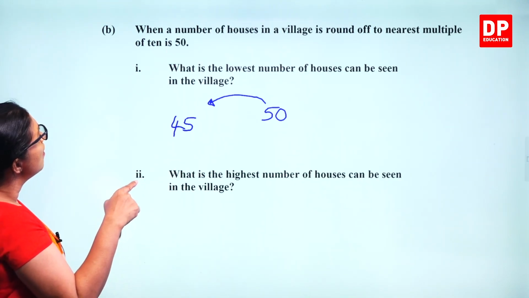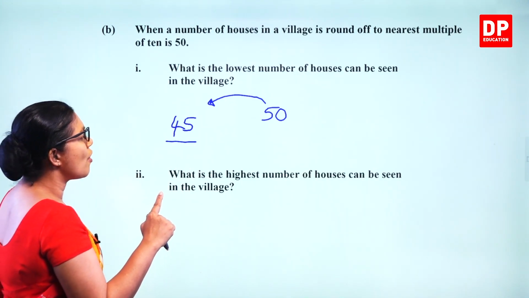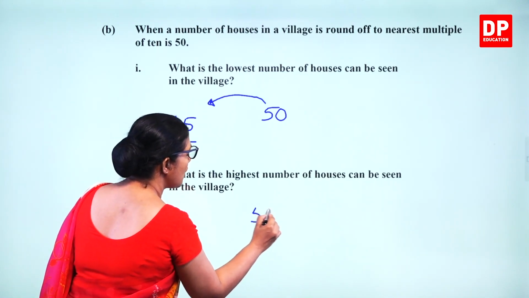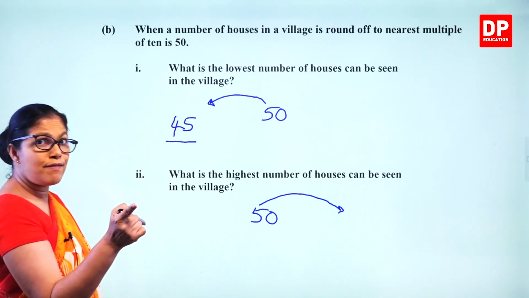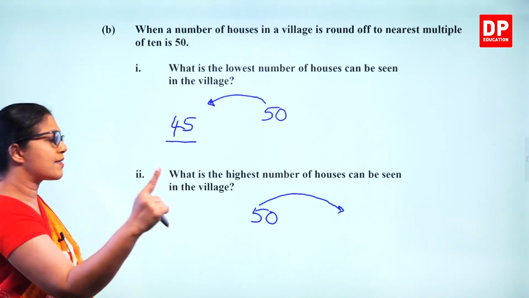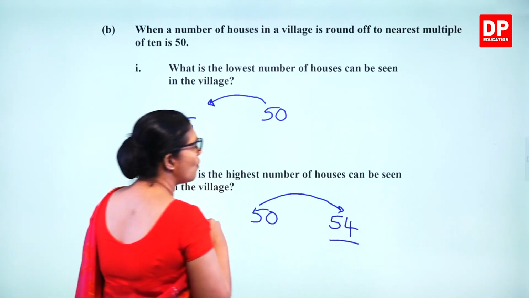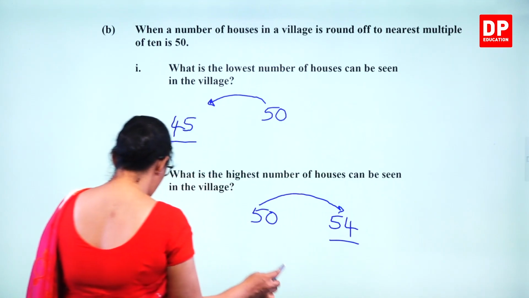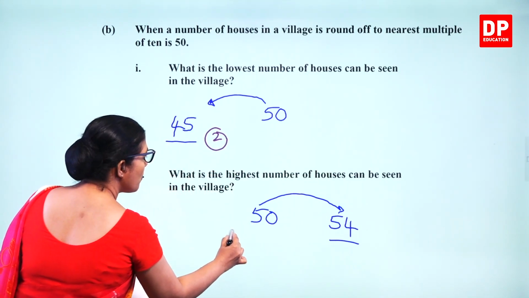So the lowest number is 45. What is the highest number of houses that can be in the village? Now you have to think this way. If it's 55, that's rounded to 60. So the highest number is 54. How many marks? 2 marks and 2 marks here.